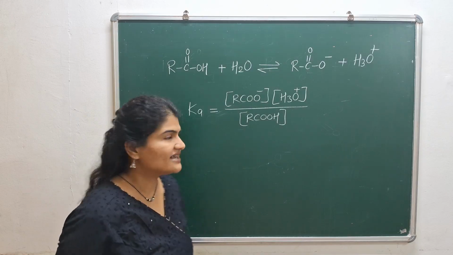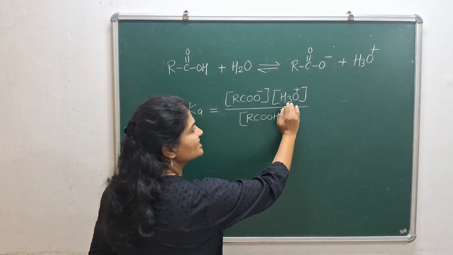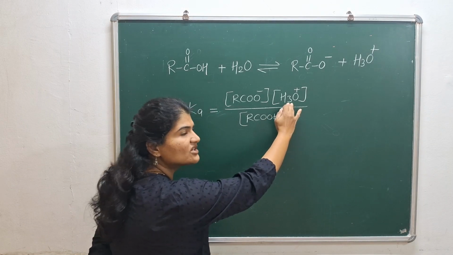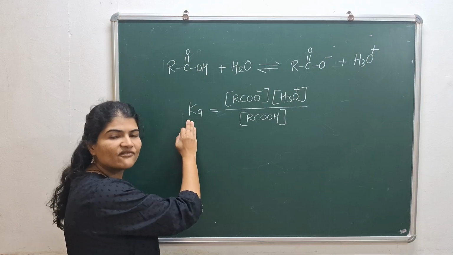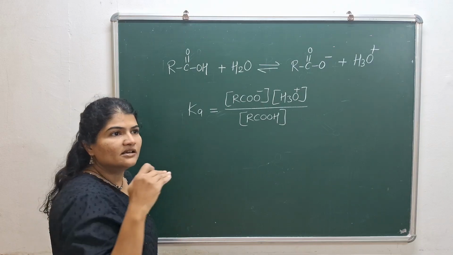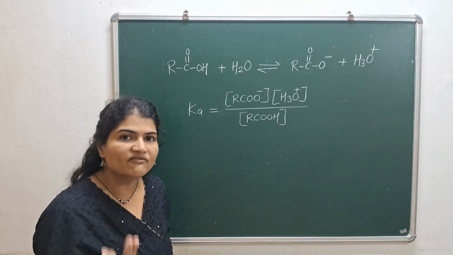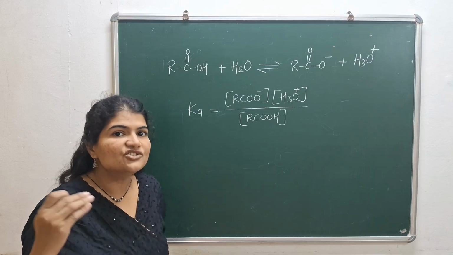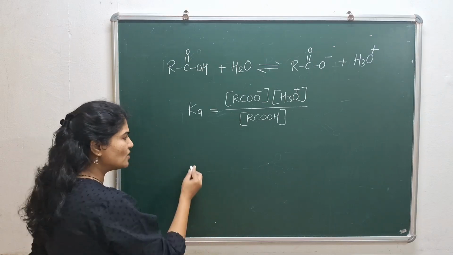This is the classic example of how we can apply the law of mass action to write the acidity constant for carboxylic acids. Now, we can understand that the concentration of H plus ions produced is directly proportional to this acidity constant, the value of Ka. As acids have a higher value of Ka, the acid strength is going to increase. Let me write two acids.